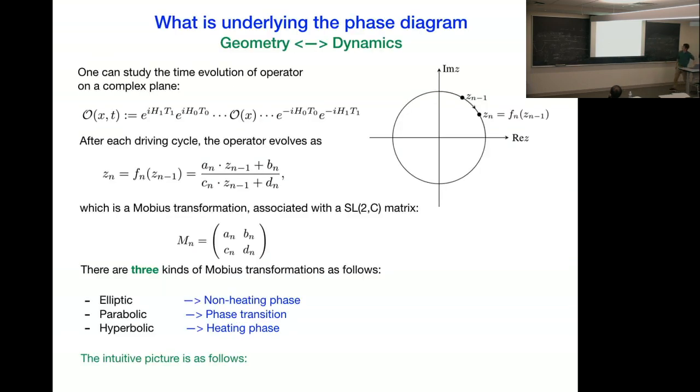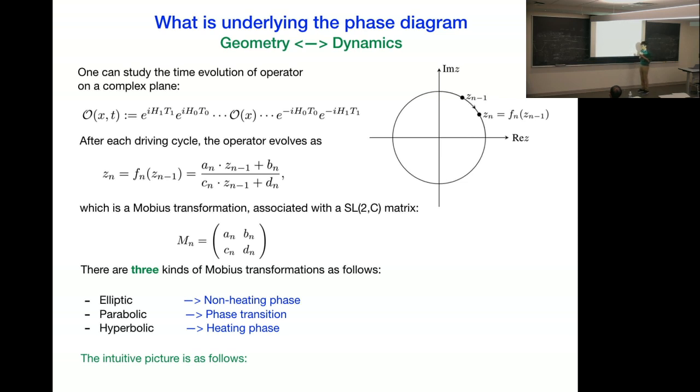This is a little bit technical, but what I want to say is that in the calculation of the entanglement entropy, essentially we are calculating the correlation function. We can choose some primary operator in the CFT. When we drive the system, we do some unitary transformation, act it on the operator, and observe how this operator moves in the complex plane.